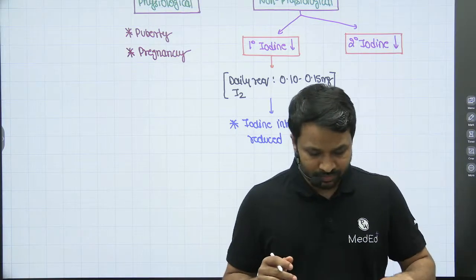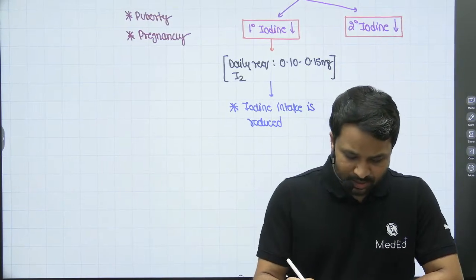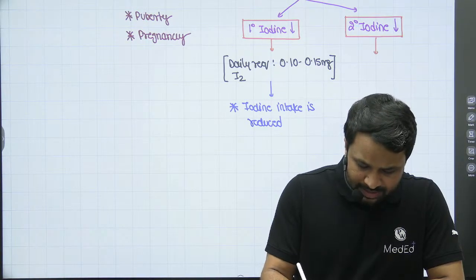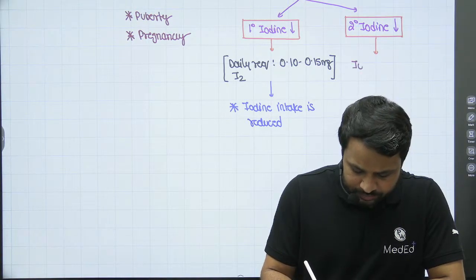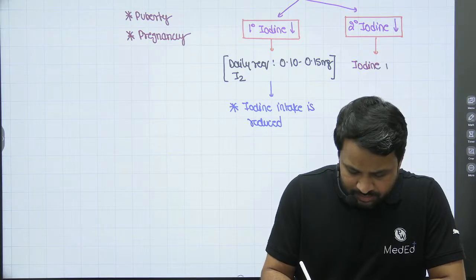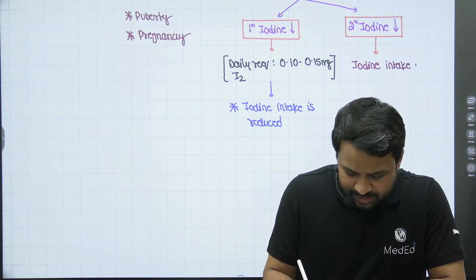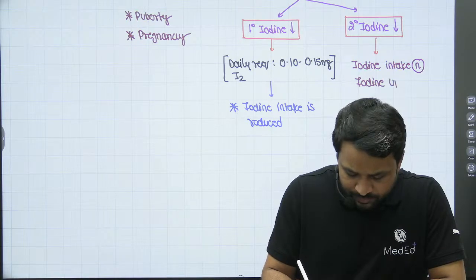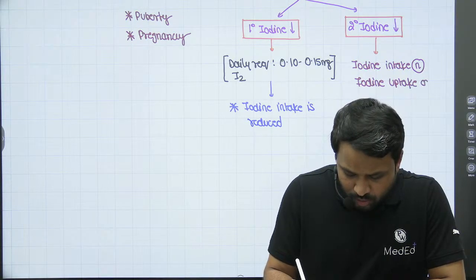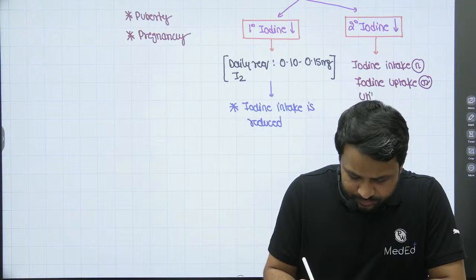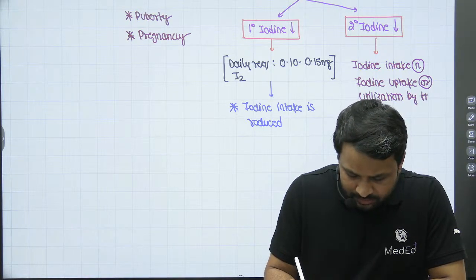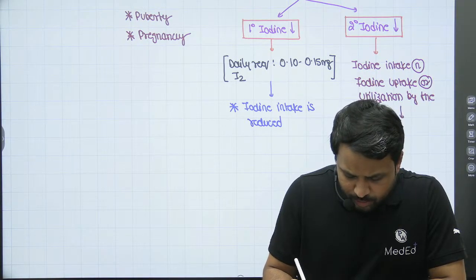Now, when you say a secondary iodine deficiency, this is interesting. In a secondary iodine deficiency, the patient says that iodine intake is normal, but the iodine uptake or utilization by the thyroid follicles is reduced significantly.